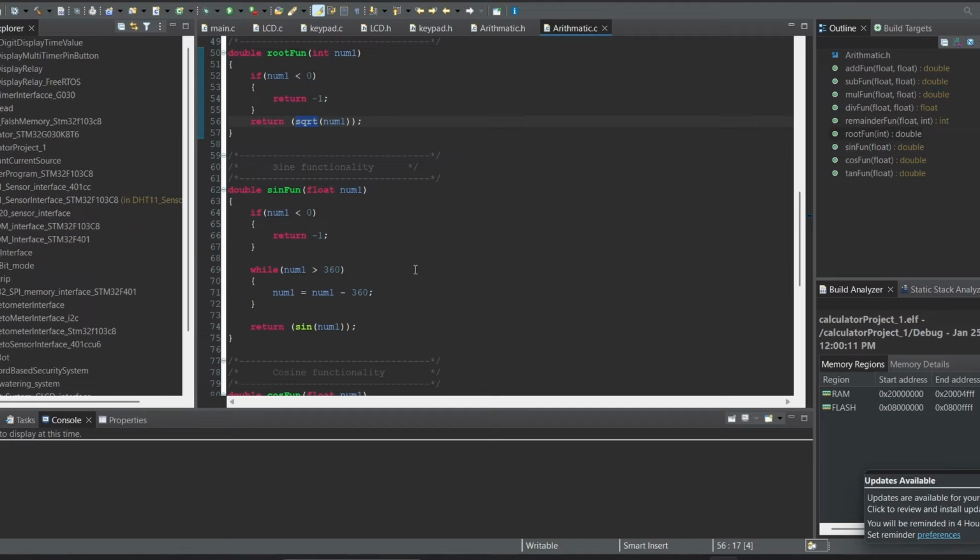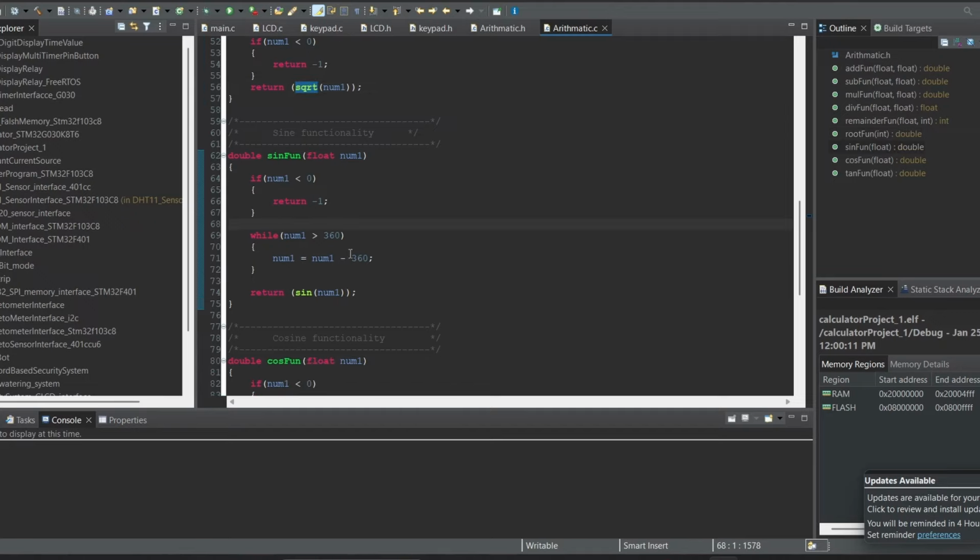Now see, if num1 is greater than 360 degrees, we are basically taking the number as radians. So if the number is greater than 360 degrees, we simply subtract 360 from the number and store it in the same number. After storing it, we return the sine of that number.